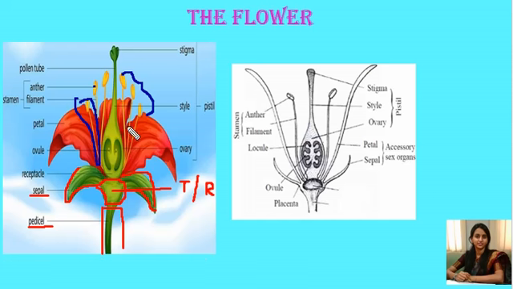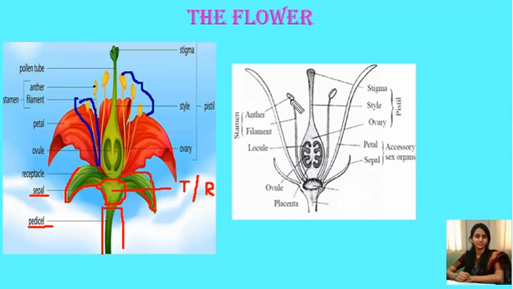Next, which is the male reproductive part in a flower? The androecium is the male reproductive part of the flower. The androecium is made up of what? The stamens. In one of the videos we will be learning in detail about the structure of the stamen.